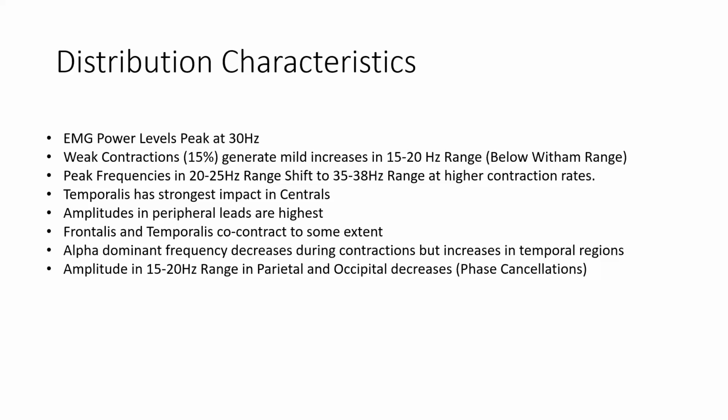Were they looking enough at temporalis contractions, and did they account for the loss in alpha dominant frequency and changes in power? I doubt they did. This is very contemporary research. That's going to affect the validity and reliability of the old databases, and they're not going to want to talk about it. Back beta in the 15 to 20 hertz range can decrease in the back, so that can also affect norms too.